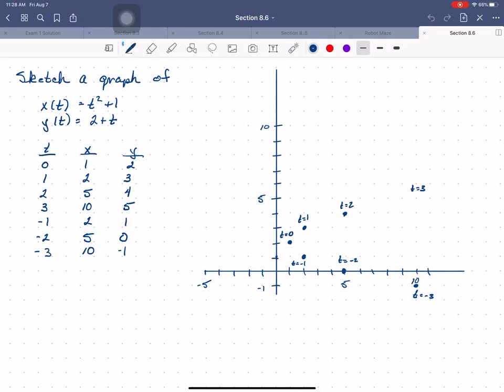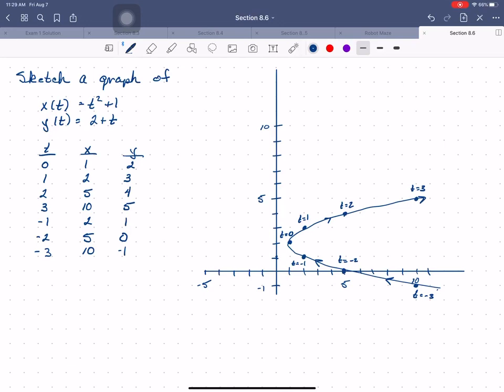So if we sketch our curve, we've got to be careful with our arrows. Our arrows should always indicate the increasing direction of time. So you want to include some directionality usually on these.